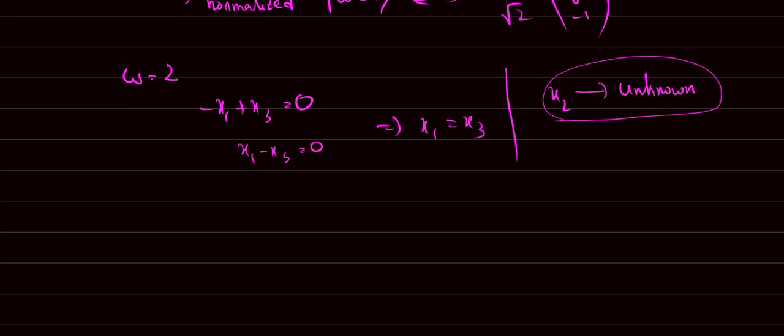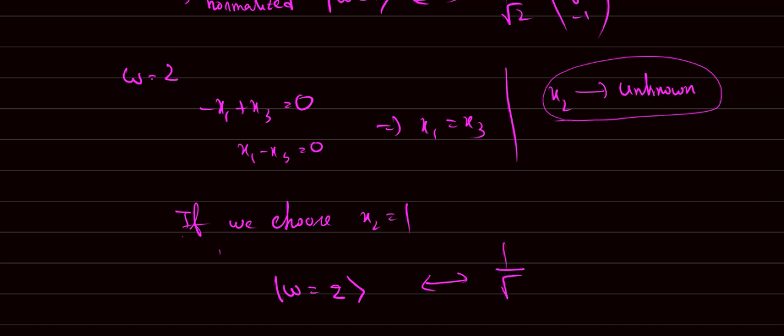It is on our choice, so let's choose x2 equal to 1. So we find that one eigenvector corresponding to 2 is 1 1 1.